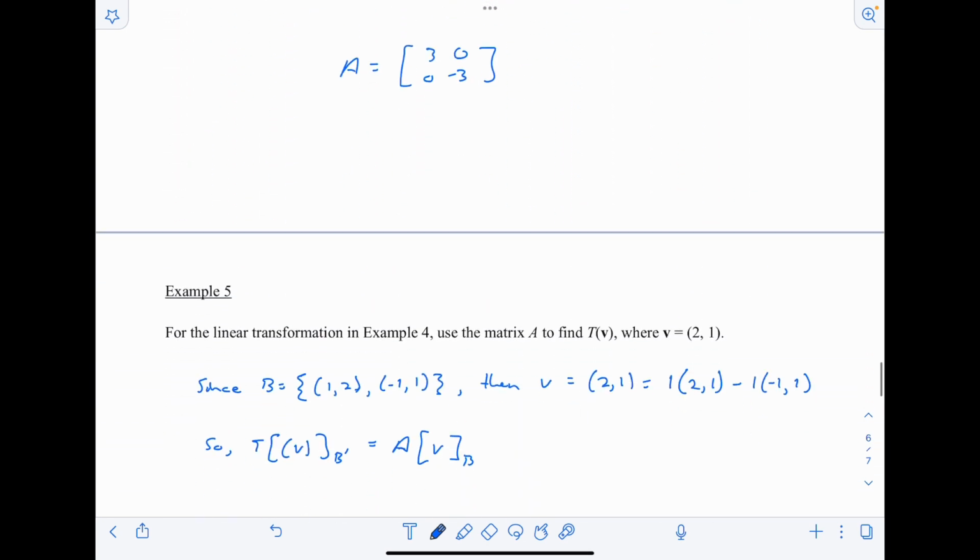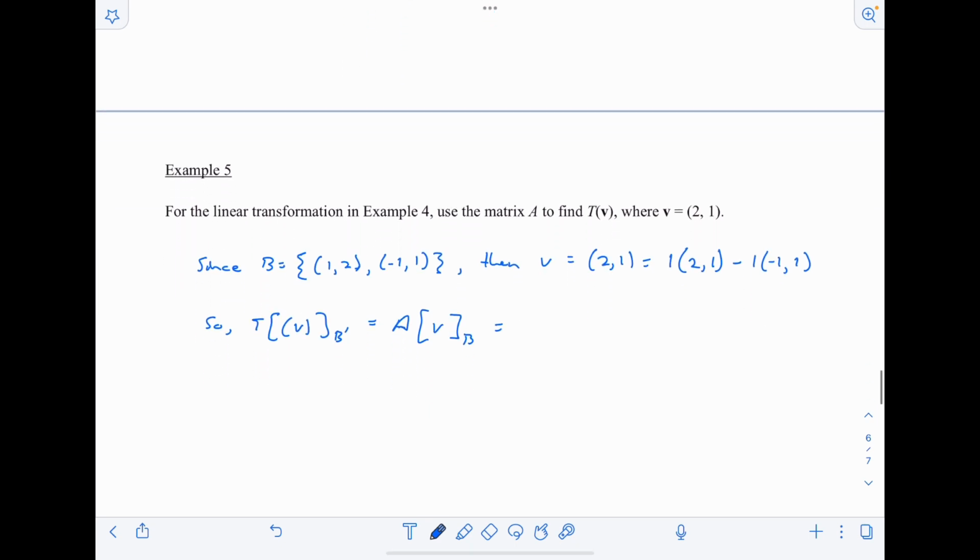So A again is this matrix at the top here, 3, 0, 0, negative 3. And V relative to B is this right here, 1, negative 1. And if we multiply those matrices together, we will get 3 and 3. So 3, 3.